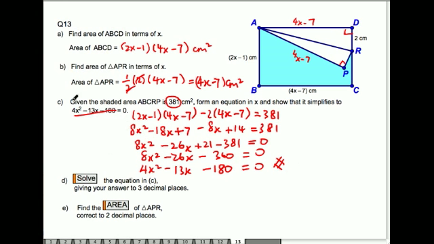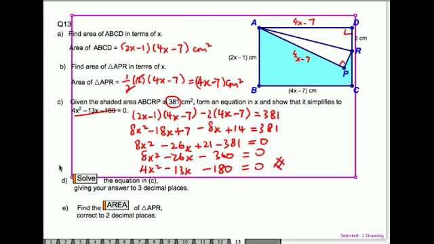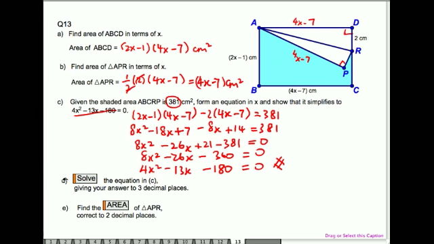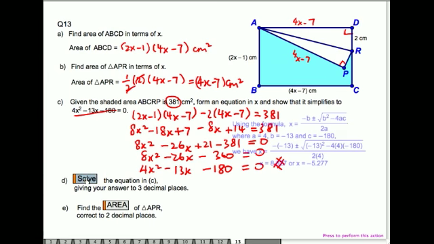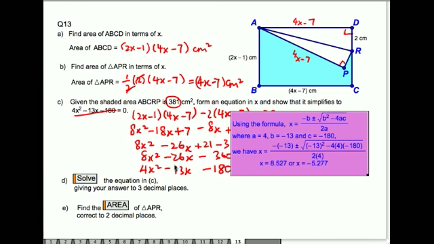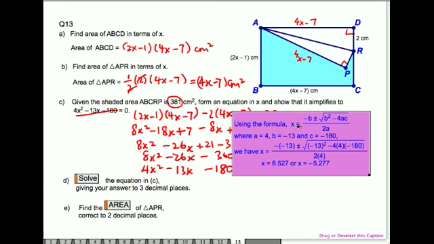Next, we need to solve the equation. To solve the equation, we use the formula x equals minus b plus or minus the square root of b squared minus 4ac, over 2a.